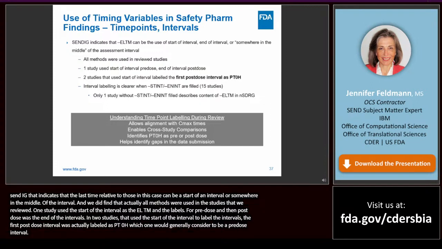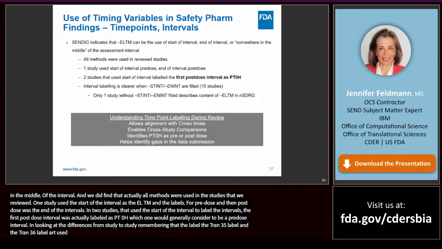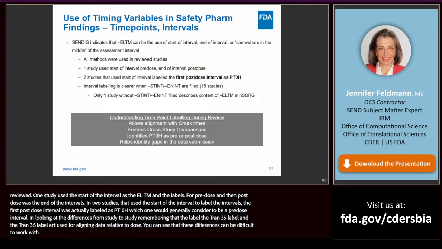So in looking at the differences from study to study, remembering that the TPT label and the ELTM label are being used for aligning data relative to dose, you can see that these differences can be difficult to work with when you really don't know what you're going to get with each study.